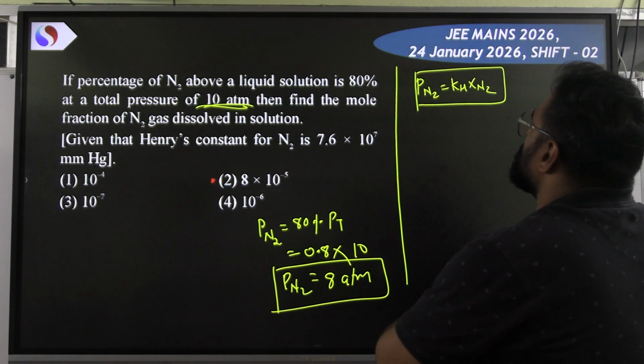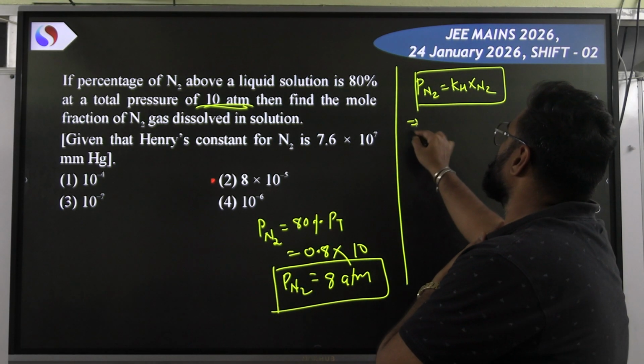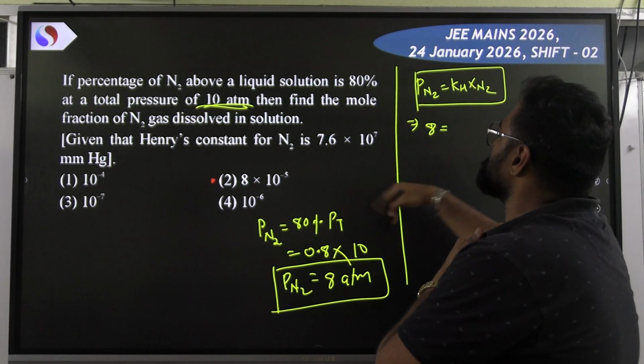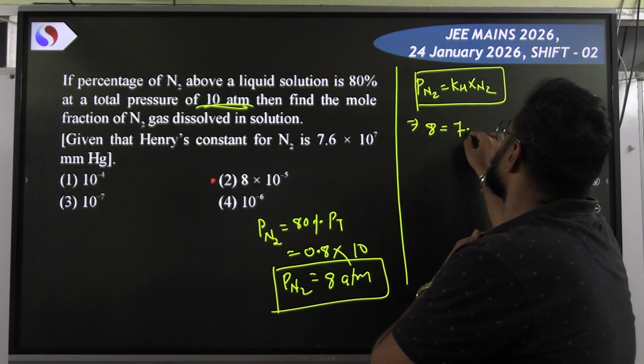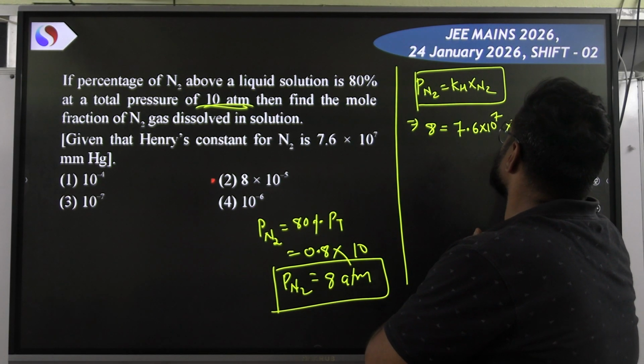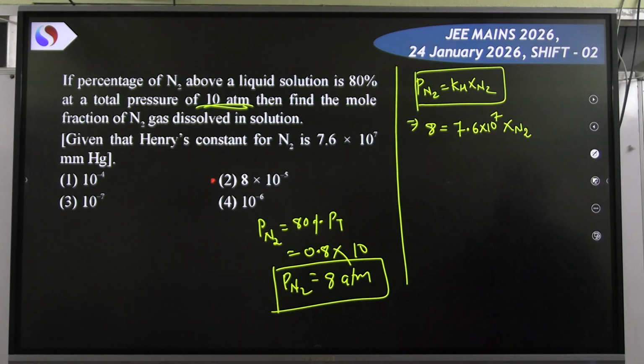Now you have to solve. P of N2 is how much? 8 atm is equal to KH, 10 to the power 7, into mole fraction of N2. This is given. Now convert atm into mm.